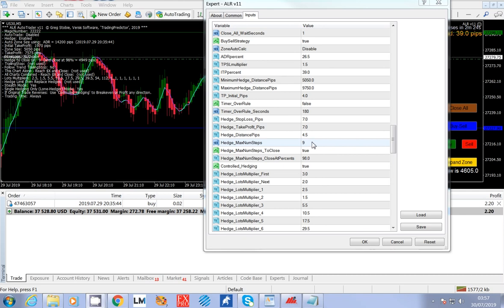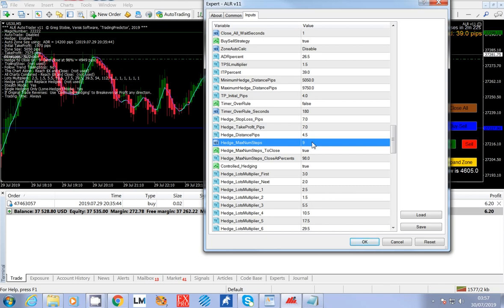So you can put in here the maximum number you want it to hedge to, so you can enable the ALR to not go beyond your fund size, because you obviously know the leverage your broker gives you and the lot size you will be trading, and thus the margin that will be needed at a certain hedge level. So you can put in here the number of hedges that your fund can reach, so you will never max out of your fund size.